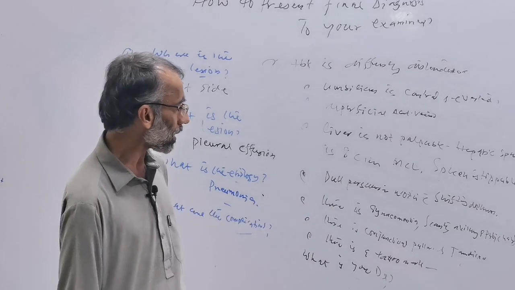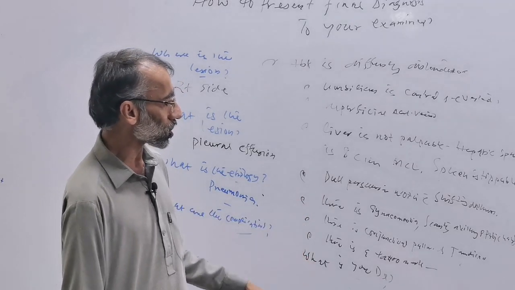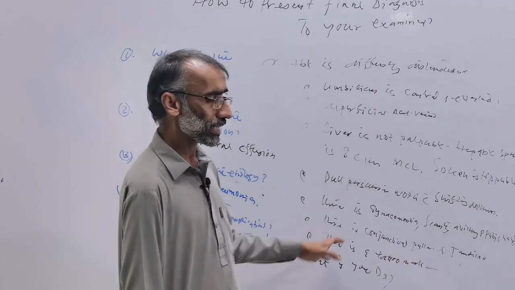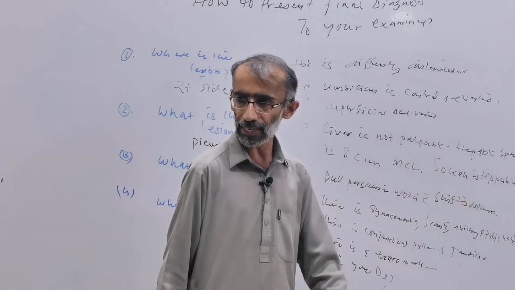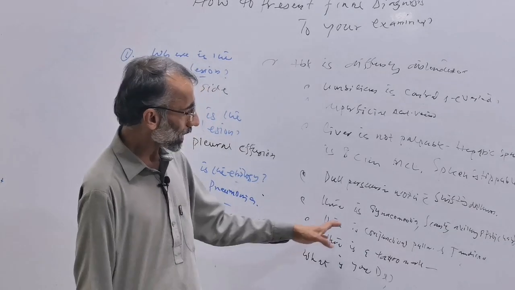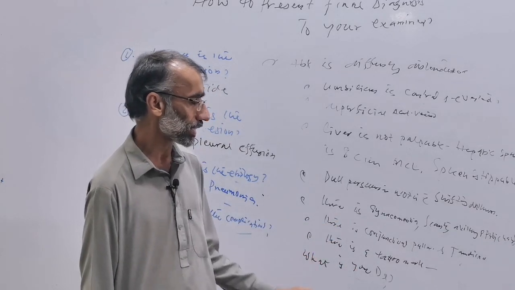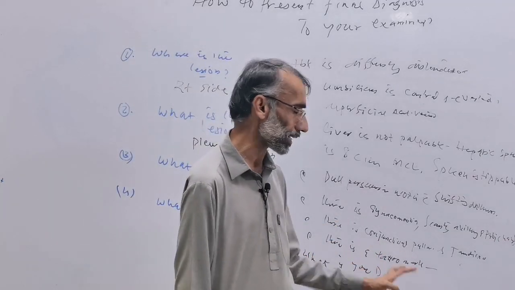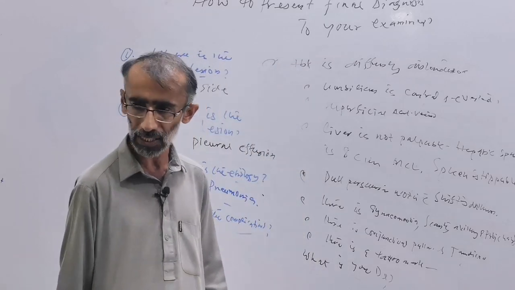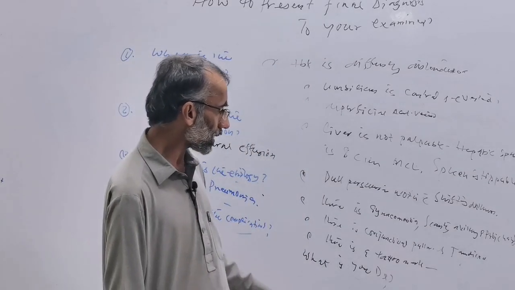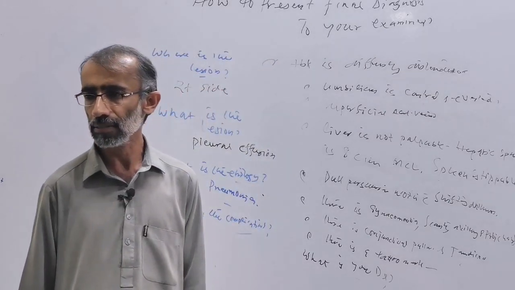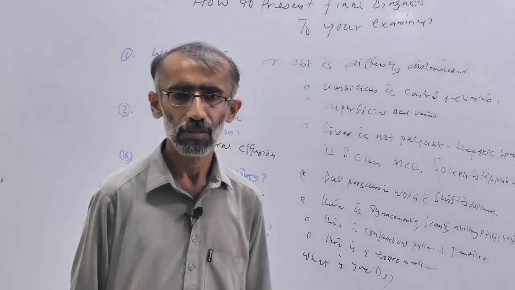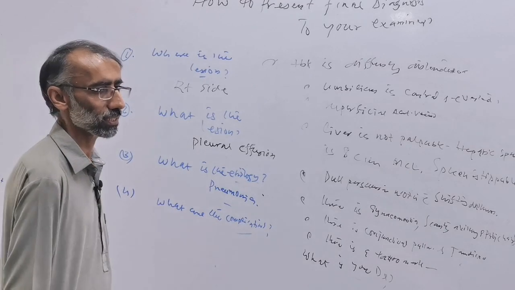Spleen is palpable. There is a dull percussion note in the flanks with shifting dullness. There is gynecomastia, scanty axillary and pubic hair. There is conjunctival pallor and the patient is jaundiced. And there is a tattoo mark on the forearm. What is your clinical diagnosis?